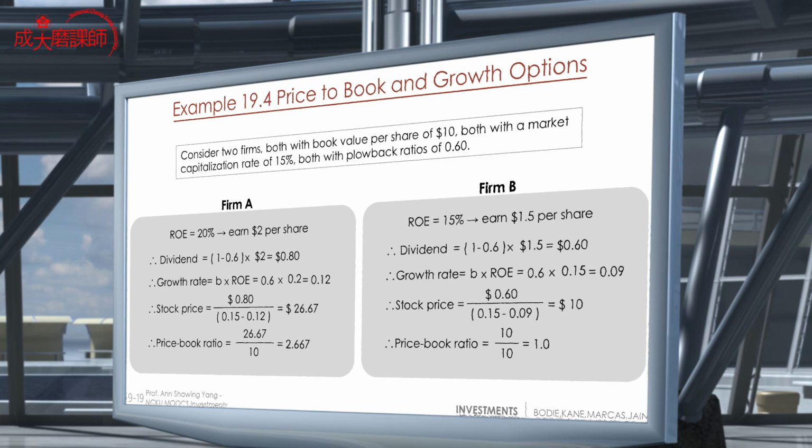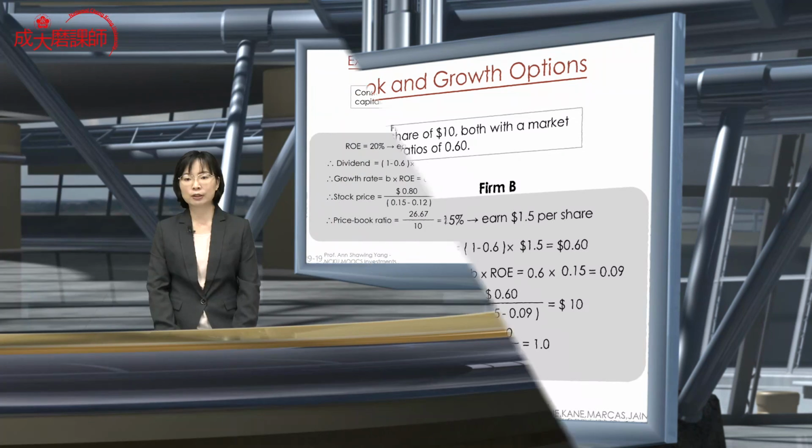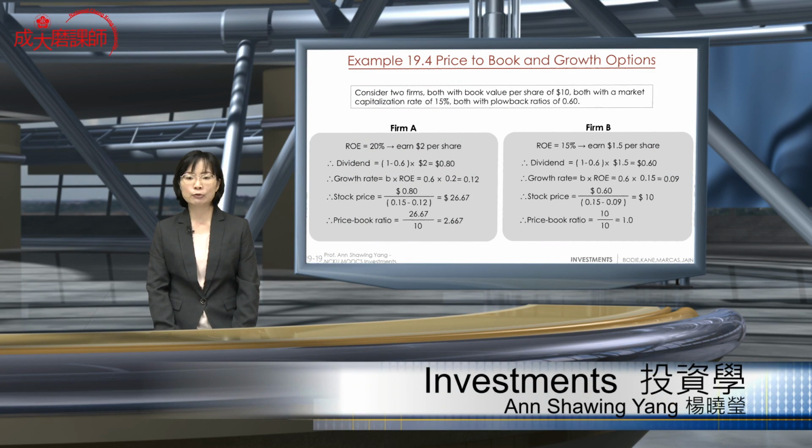So we take the 0.6 dividend divided by the 15% capitalization rate minus the 9% growth rate. That is the margin, the expectation between the firm's growth rate and the capitalization rate. So the price to book ratio is 10 divided by 10, which is 1.0. This shows how we can use the price to book ratio in accordance with the different ratios we have for the ROE, the dividend, the growth rate, and the stock price.